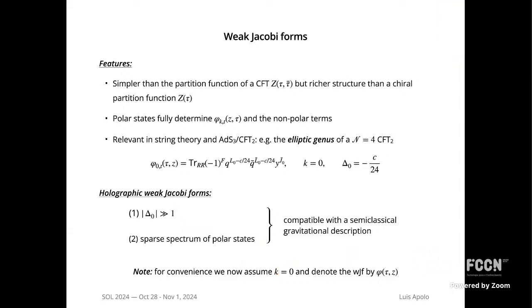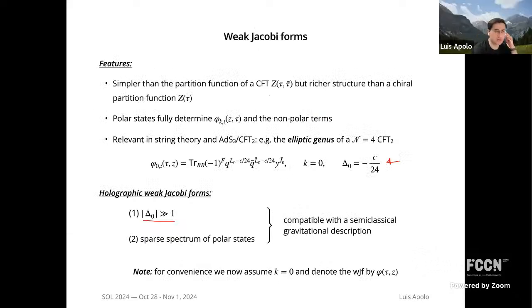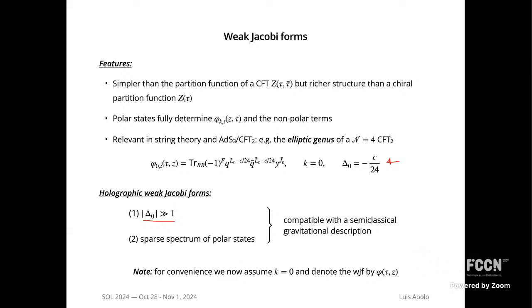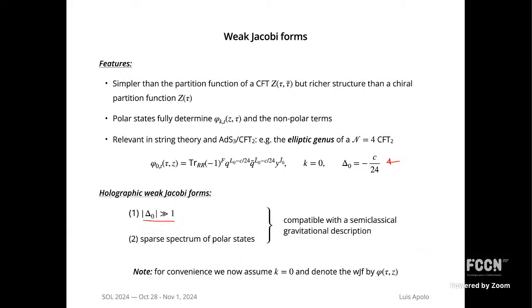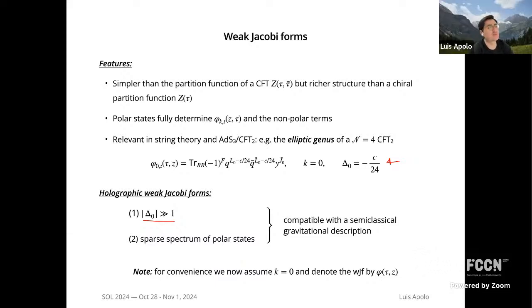Can I ask a question? Yes, please. Why are you restricting to N equals 4? The elliptic genus of any CFT with Calabi-Yau target should be a weak Jacobi form. Yeah, I'm not restricting to just N equals 4. It was just one example.